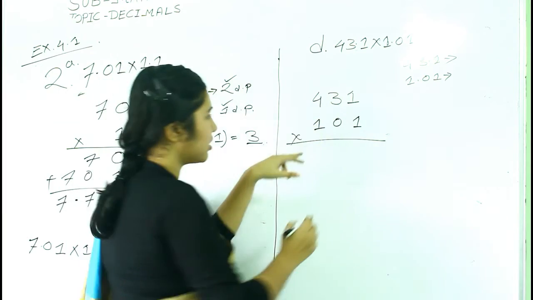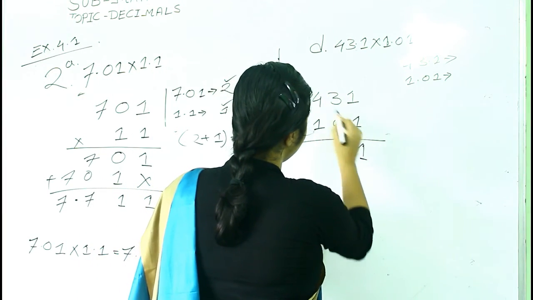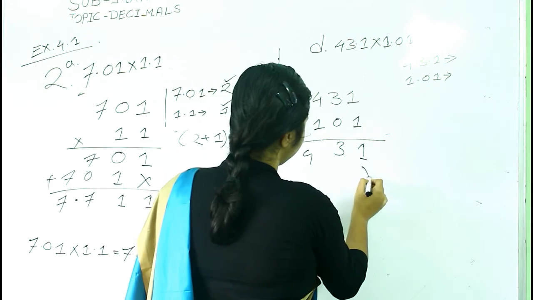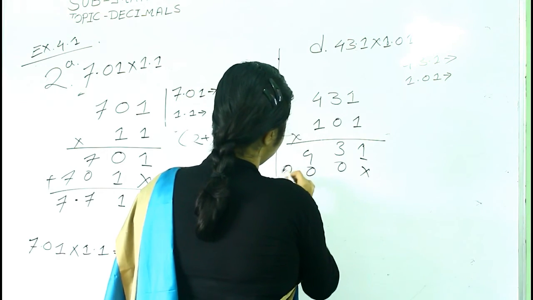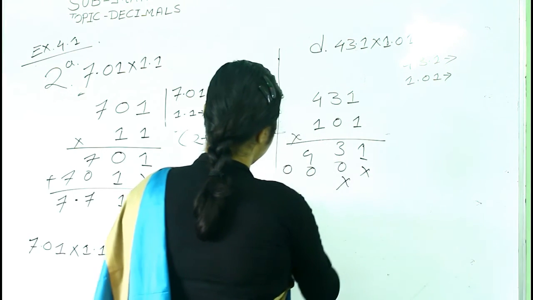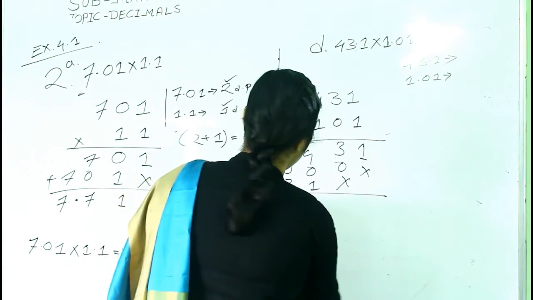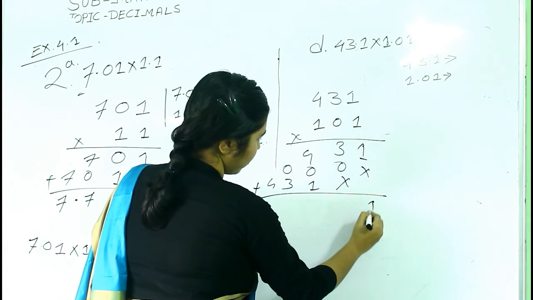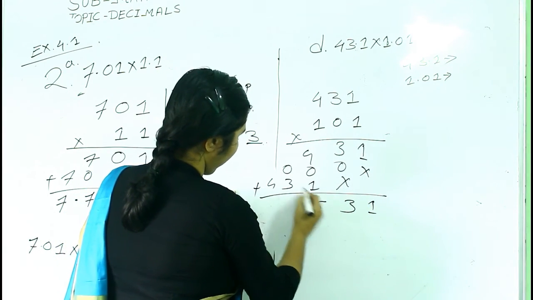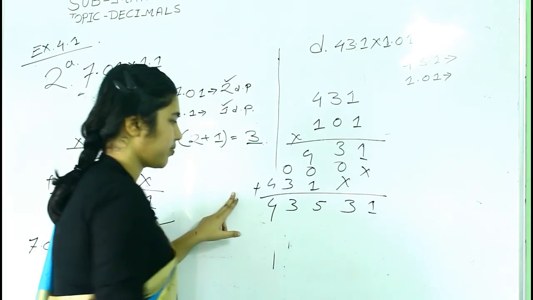Now multiply these two whole numbers. So 1, 3, 4, 0, 0, 0. Now add: 1, 3, 5, 3, 4.